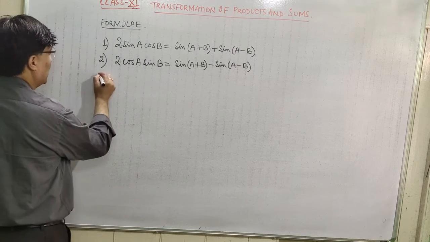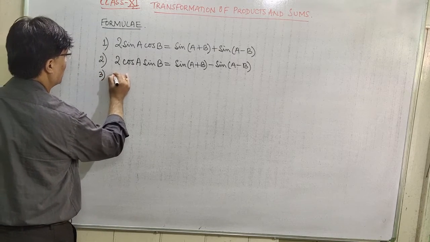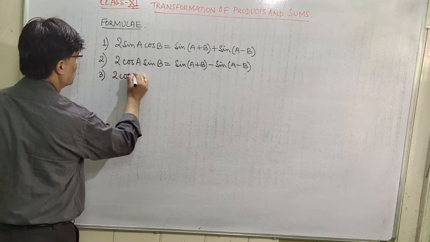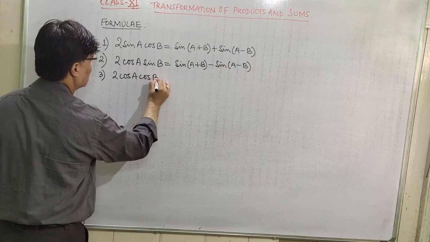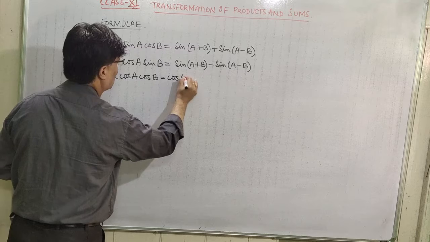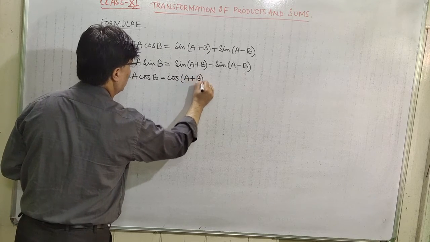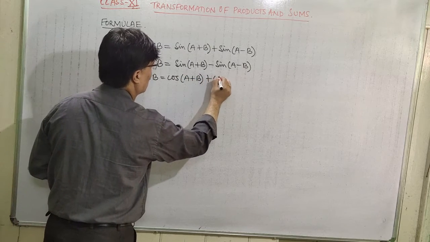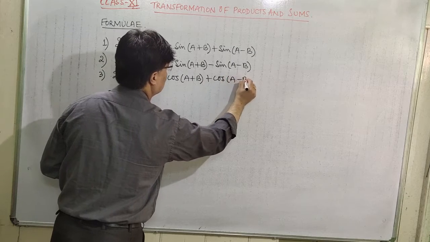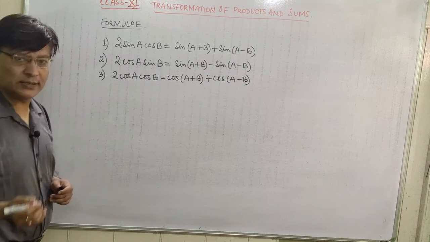Okay. Next, number 3 formula is 2 cos A cos B. Its formula is cos of A plus B plus cos of A minus B. Is that clear?